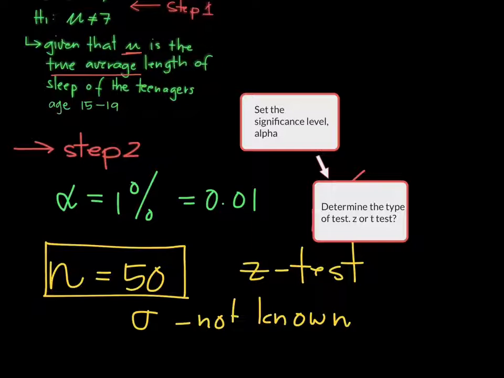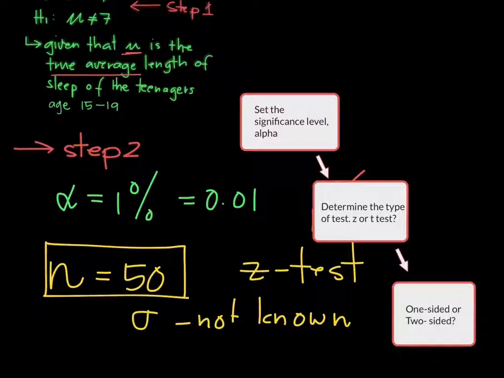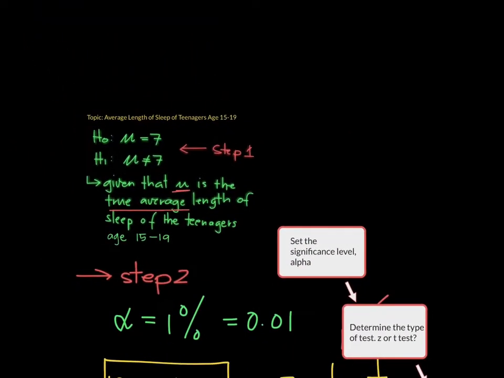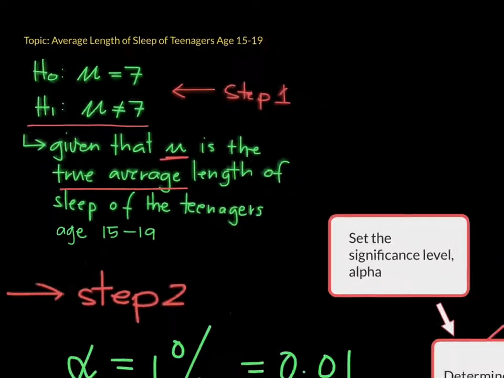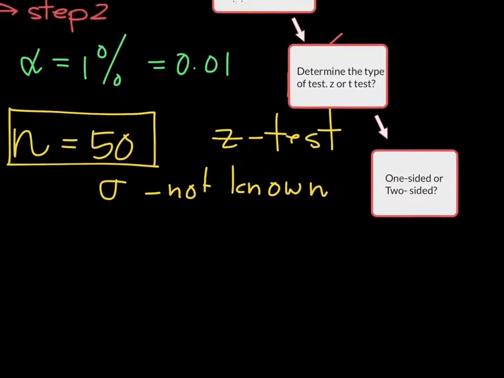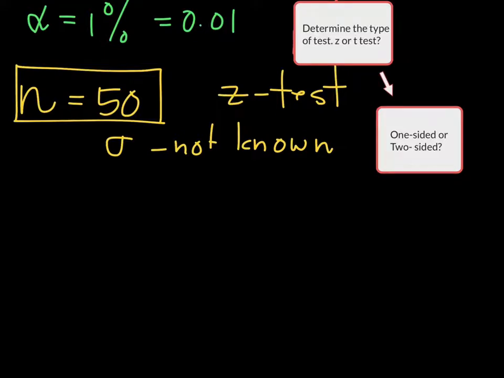The next thing is, are we going to use a one-sided or a two-sided z-test? The answer to that will depend on your alternative hypothesis. Since the alternative hypothesis is a not equal to statement, this will require a two-sided z-test.